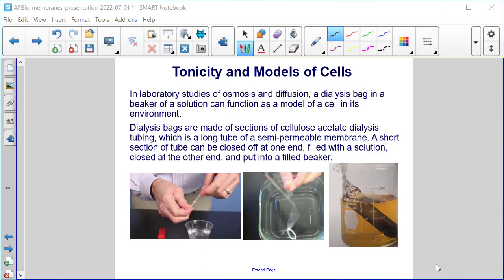Dialysis bags are made of sections of cellulose acetate dialysis tubing, which is a long tube of a semi-permeable membrane. A short section of tube can be closed off at one end, filled with solution, closed at the other end, and put into a filled beaker.